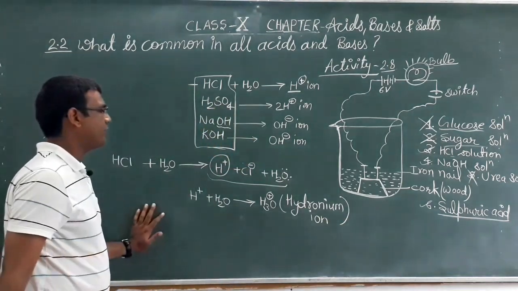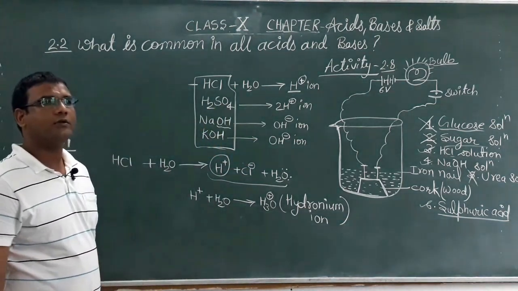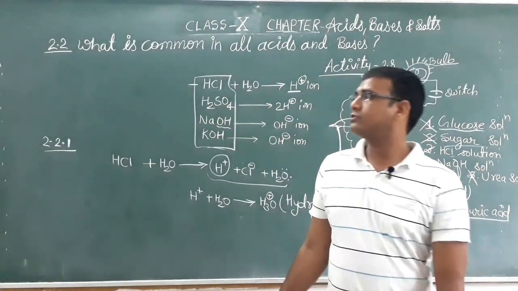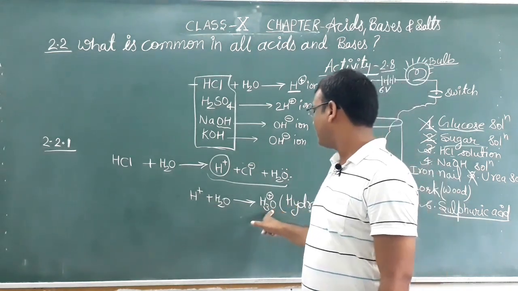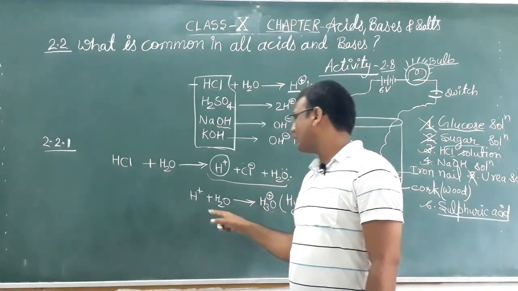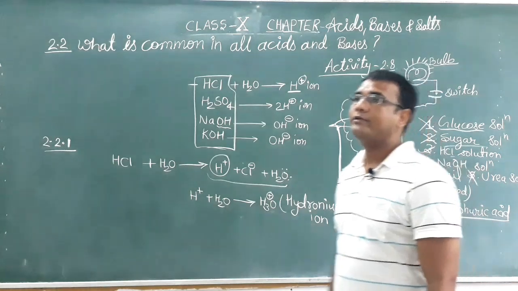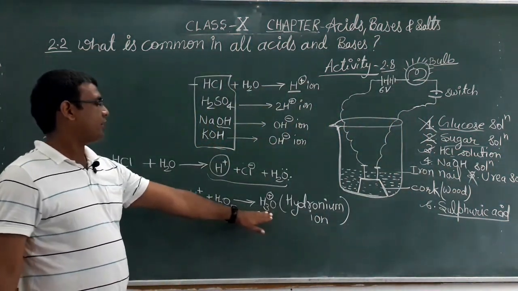H plus cannot live in the form of H plus, so it will get electrons from water molecules, and in this way it will form another ion, that is the hydronium ion. So this is important, hydronium ion.